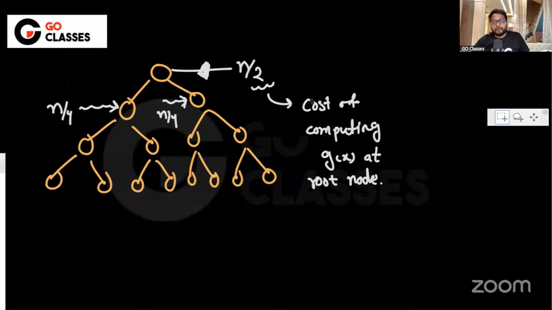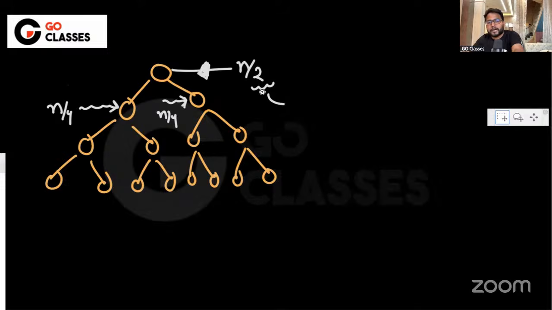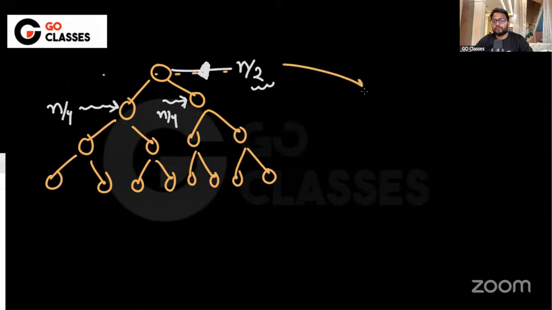Can you tell me, at the top level, which has just one node, what is the cost of computing GX? Total cost n by 2, right? There is only one node, which is fine, but n by 2 is the total cost of computing GX at this level.